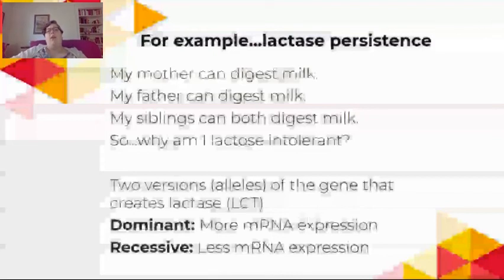So if you have the recessive copy of the gene, you get less mRNA being produced, which means you make a lot less lactase than normal. So if you have at least one copy of the dominant version of the allele, you make enough lactase that you're able to digest milk just fine. But if you have two copies of the recessive gene, you are lactose intolerant.